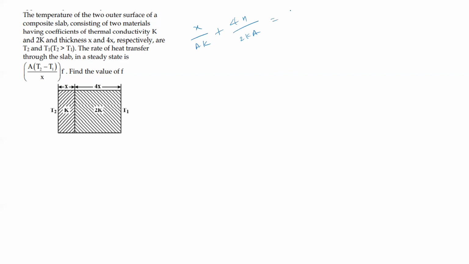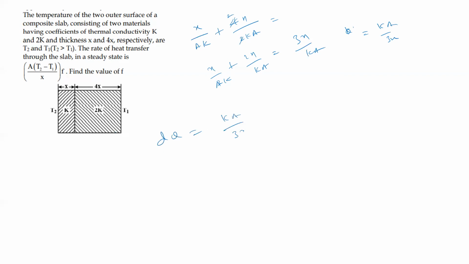You will get, simplify, the 2 cancels. So this is x by KA plus 2x by KA. This will be 3x by KA. Okay, this is the reciprocal, series combination. Then K effective will become KA by 3x. So dQ is equal to what do you write?